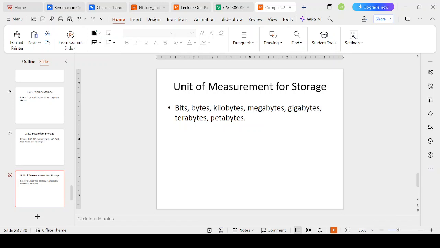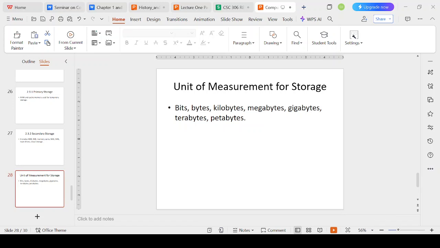1024 terabytes is equal to 1 petabyte. 1024 petabytes is equal to 1 exabyte. And 1024 exabytes is equal to 1 zettabyte, and 1024 zettabytes is equal to 1 yottabyte.